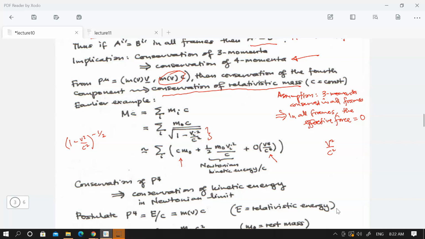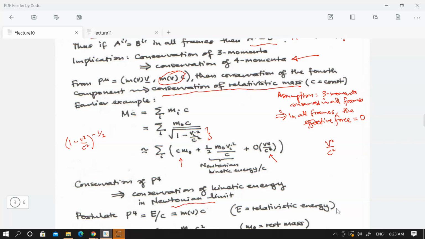This first order term is none other than your Newtonian kinetic energy divided by the constant c. So the conservation of your relativistic mass implies, in the Newtonian limit where c tends to infinity, the conservation of kinetic energy.